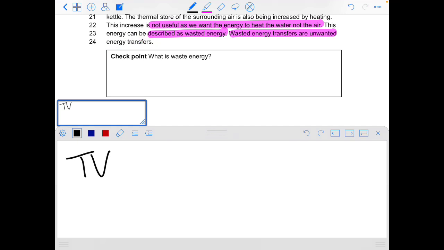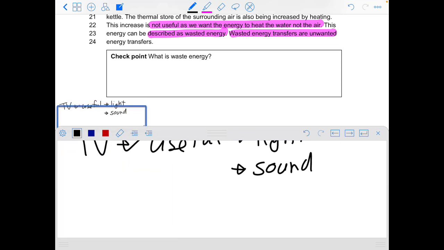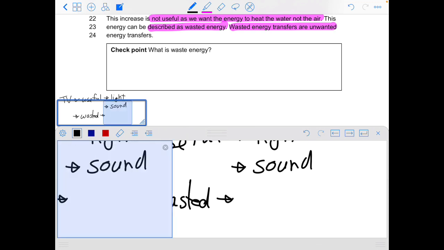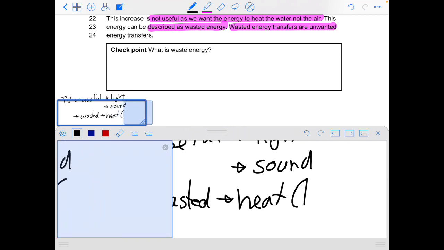We have our light energy that's coming off so we can see the picture. And we have sound energy because we want to hear what's on the TV. The TV will also create wasted energy as heat or thermal energy.